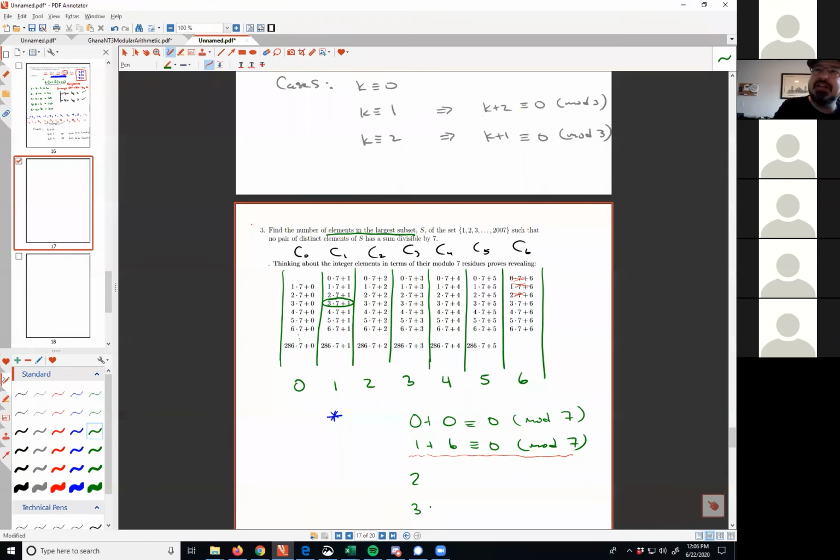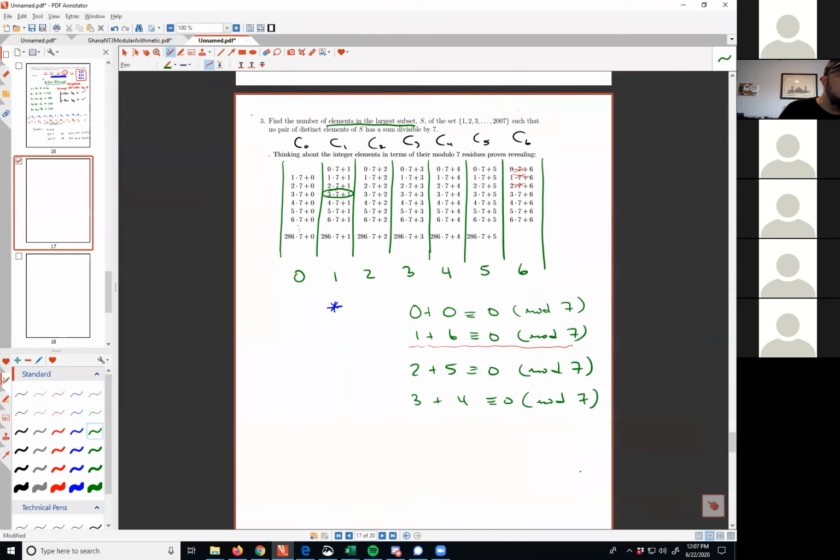We can put 3 and 10 in the same set. What could we not put in a set with 3? 4. 4. 3 plus 4 gives us a multiple of 7. 2 plus 5 gives us a multiple of 7.